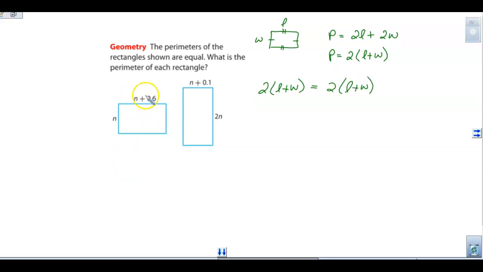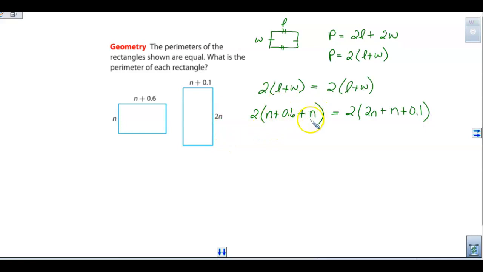My length for this one is n plus 0.6 plus my width, which is n. And on this one, my length is 2n, and my width is n plus 0.1.